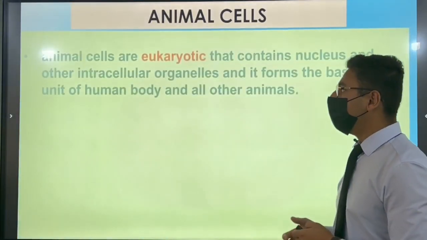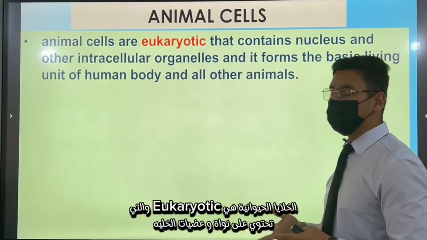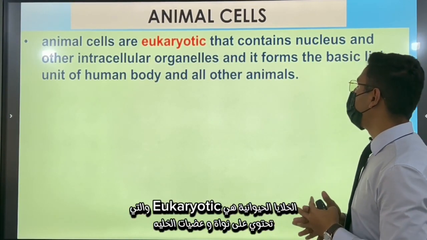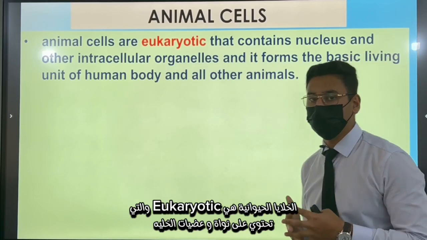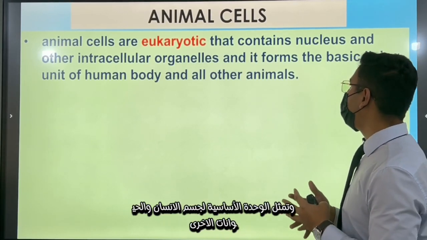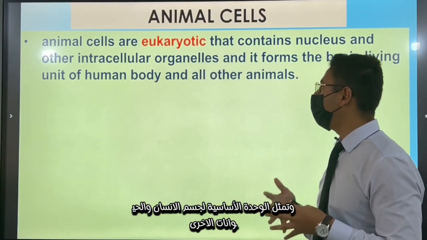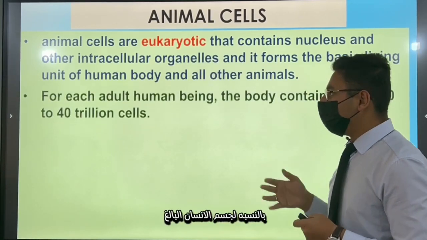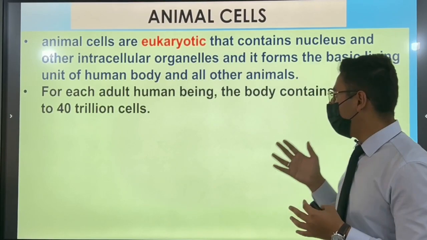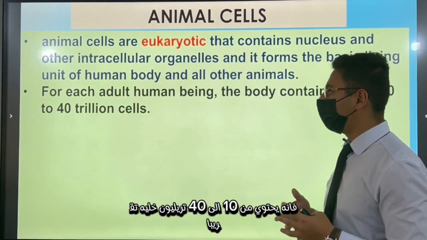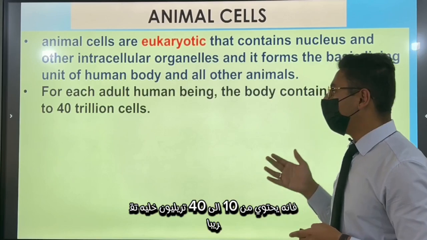Animal cell. Animal cells are eukaryotic, containing a nucleus and other intracellular organelles, and they form the basic living unit of the human body and all other animals. For each adult human being, the body contains about 10 to 40 trillion cells.